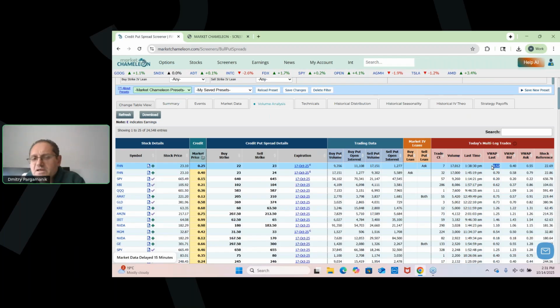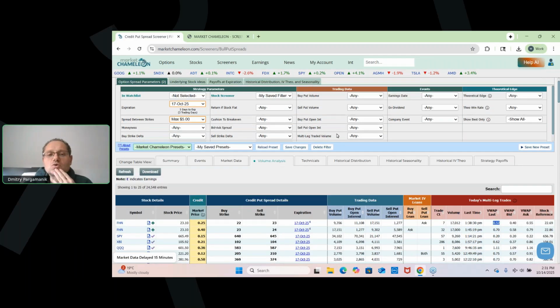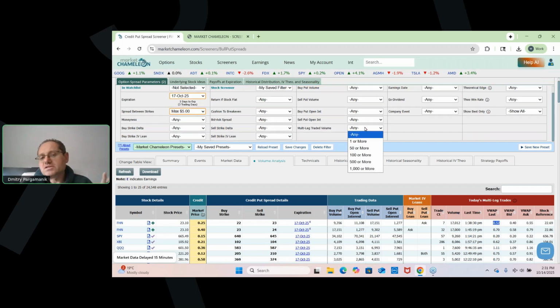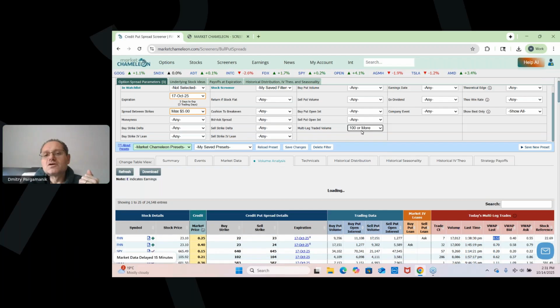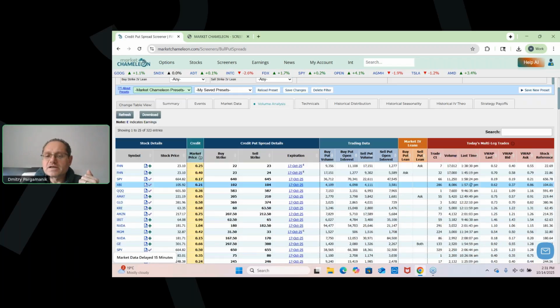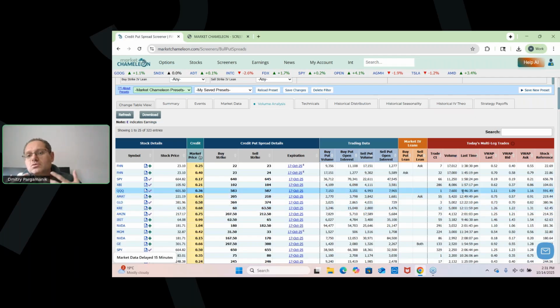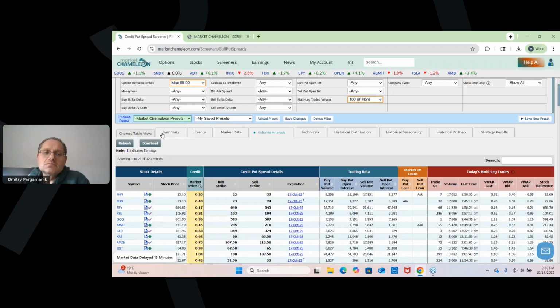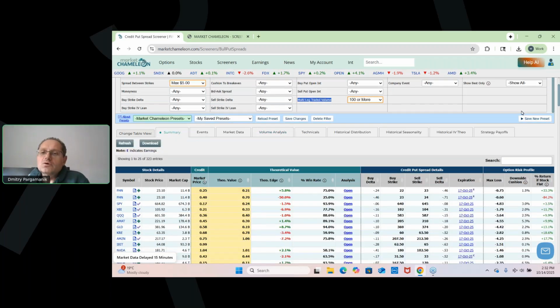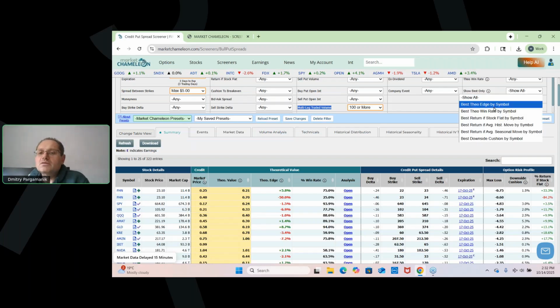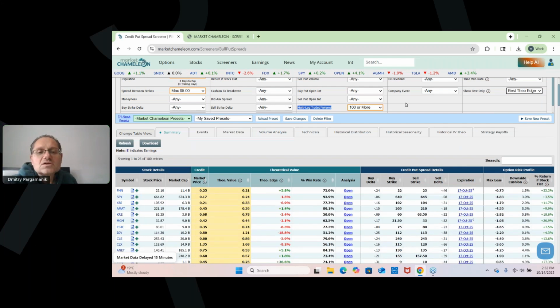Okay, so this becomes very important too, and maybe we want to look for things that traded, let's say, 100 or more. So now we're looking at multi-legs where there had to be at least 100 spreads, not just stock, but actual put spreads that traded. We could filter those out, and then sort by theoretical edge, or something like this.